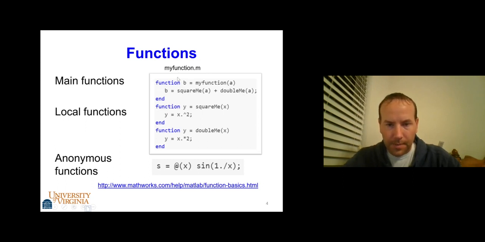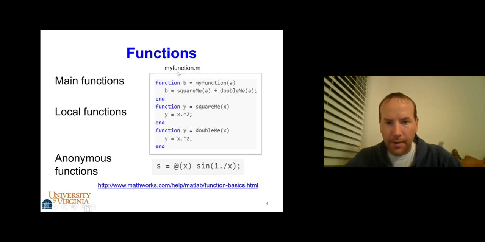The special keyword is function, and then you name the function and then have input arguments. Those are the parameters that go into your function. But notice here, instead of having a return at the end, we're defining our output variables up here. So this is the output variable equals function name and then input arguments.